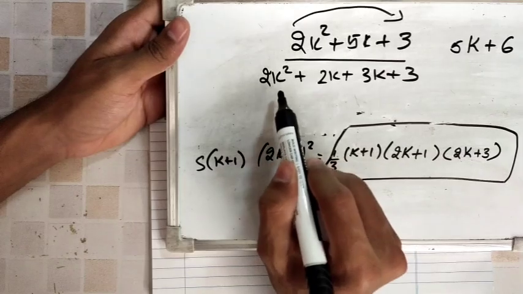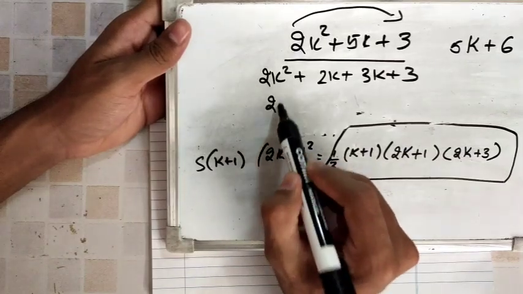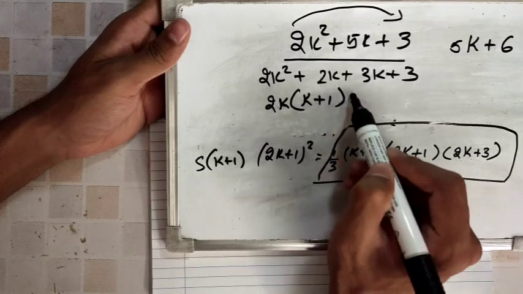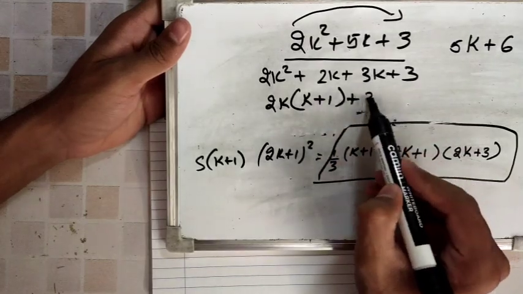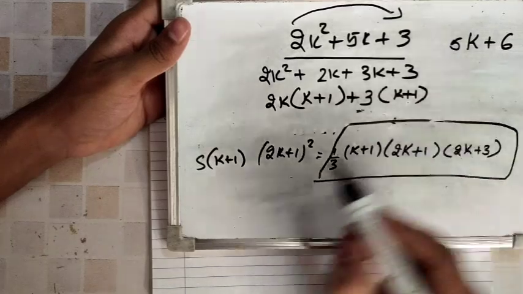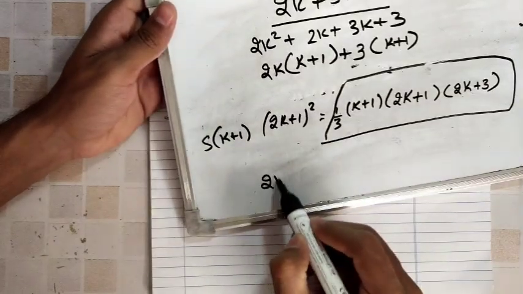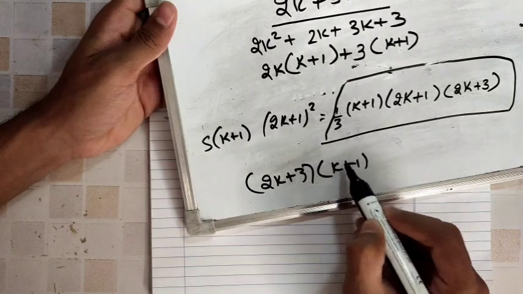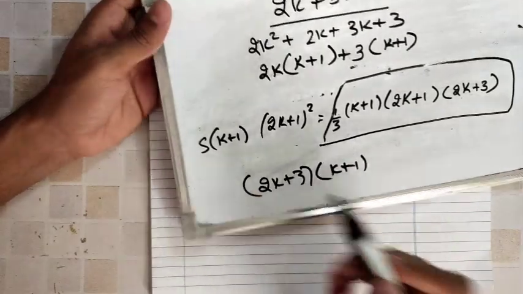Now take common. What is common here? Here 2k is common, so 2k into k plus 1, plus, what is common here? 3 is common, 3 into k plus 1. So what I got ultimately is 2k plus 3 into k plus 1. I can write vice versa also, first k plus 1 and then 2k plus 3.